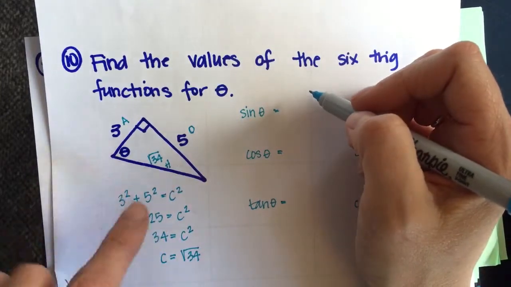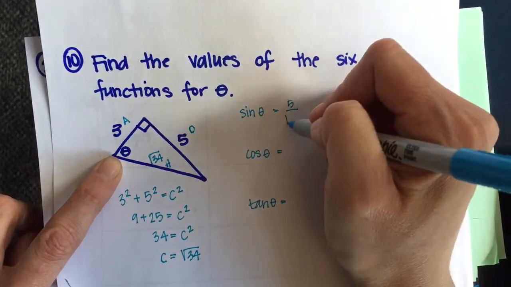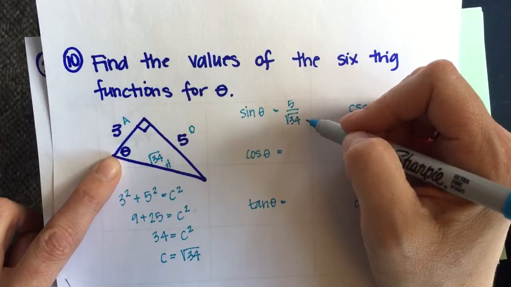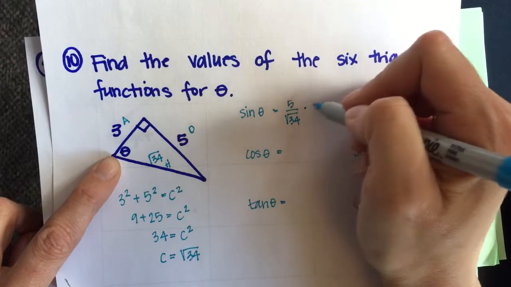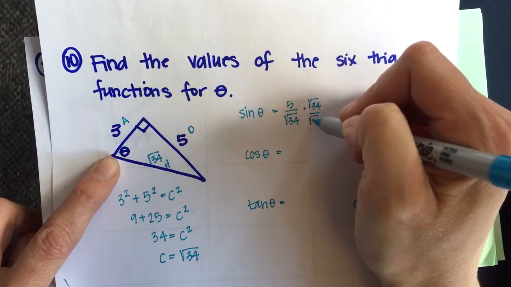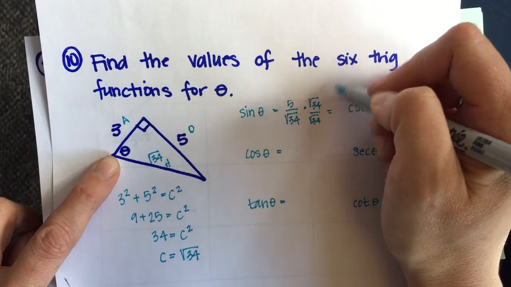Sine is opposite over hypotenuse. We don't want to leave our answers like that, so we're going to rationalize by multiplying top and bottom by radical 34. Ran out of room.